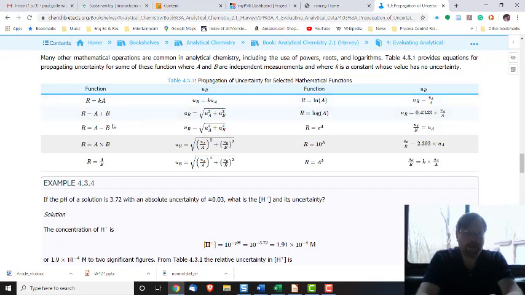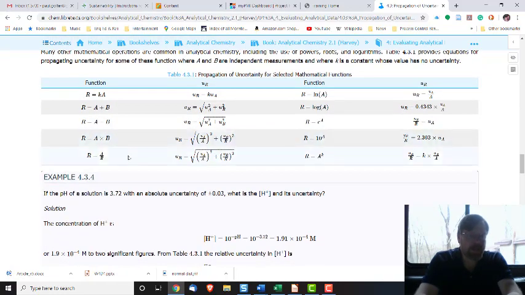If we're doing addition or subtraction, the uncertainty in our result is the square root of the uncertainty in one thing squared plus the uncertainty in the other thing squared. You're adding the square of the uncertainties in both cases for subtraction and addition. Multiplication and division are the same way. You've got the uncertainty divided by the magnitude of whatever it is.